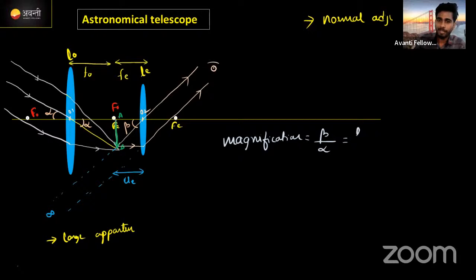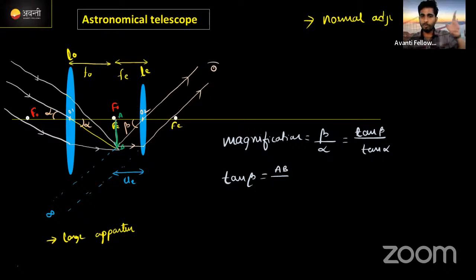What do we write for beta? tan beta by tan alpha, correct? Okay, what is tan beta? Look here once: tan beta means opposite side by adjacent side. What is the opposite side here? Height of the image, correct? The height of the image is AB, divided by the adjacent side, from the principal focus to the optic center, which is nothing but O2A. Clear? First thing. Okay.